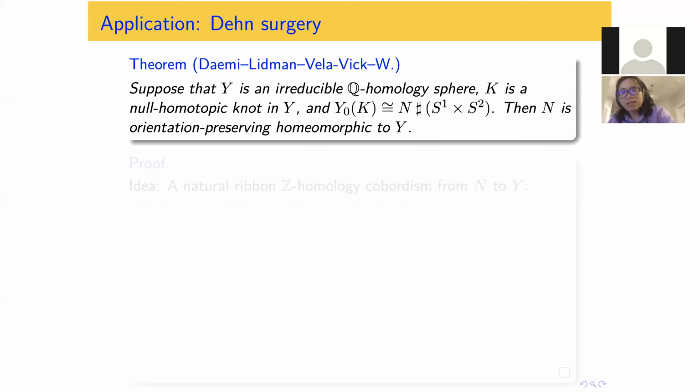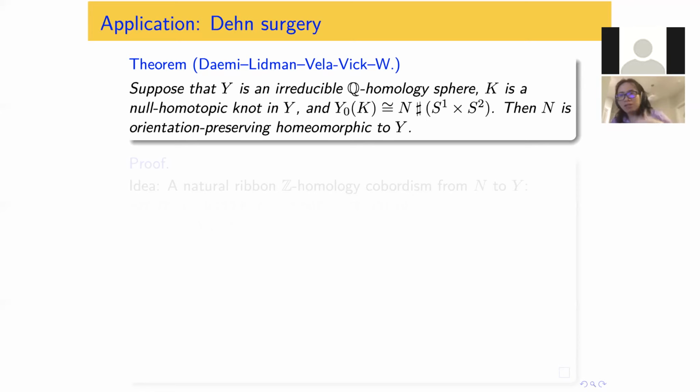Again, the theorem is that if you have an irreducible Q homology sphere Y with a null homotopic knot K in Y, such that the zero surgery on Y along K has an S1 cross S2 summand in it, then N is basically just Y, orientation preserving homeomorphic to Y. I mentioned in part 1 of the talk that this also works for null homotopic links L, but then the statement will have a little L here, that's the number of components of the link L.